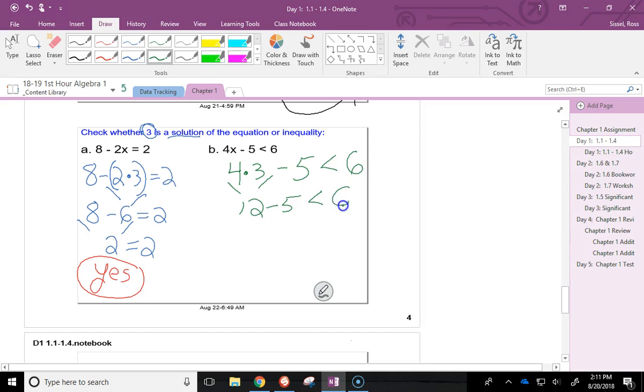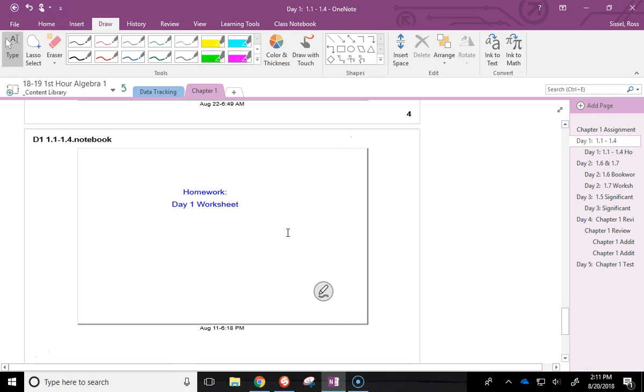I'll finish writing the statement here. 12 minus 5 is 7. And then I ask myself, is 7 less than 6? The answer, of course, is no. 3 is not a solution for our inequality.